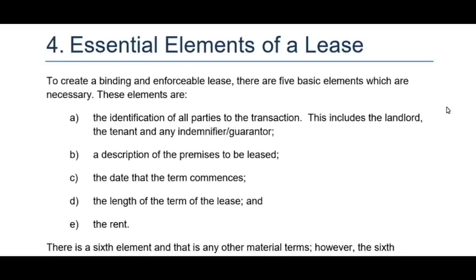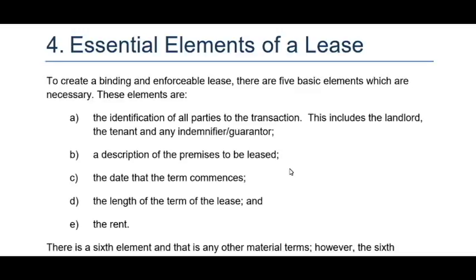4. Essential elements of a lease. To create a binding and enforceable lease, there are 5 basic elements which are necessary. These elements are A. The identification of all parties to the transaction. This includes the landlord, the tenant, and any indemnifier or guarantor. B. A description of the premises to be leased.